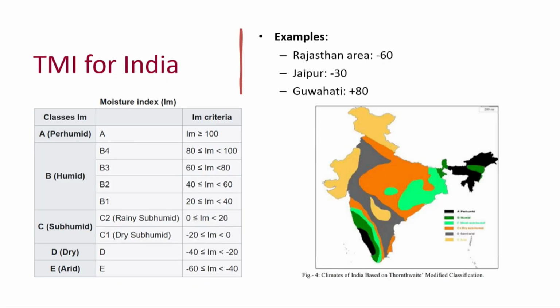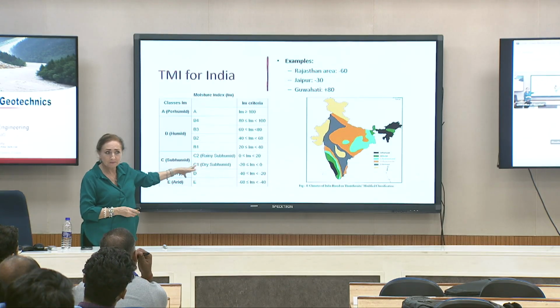Here is some data for India that I found, the index for different climatic conditions, or at least what I found. Correct me if I am wrong, you probably have better considerations of that. But I'm going to give you an idea of what kind of TMIs we manage in India, all right?